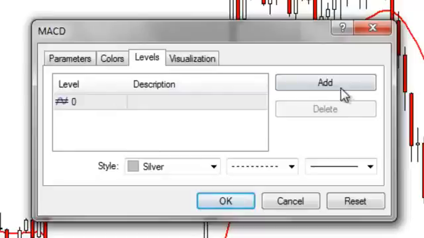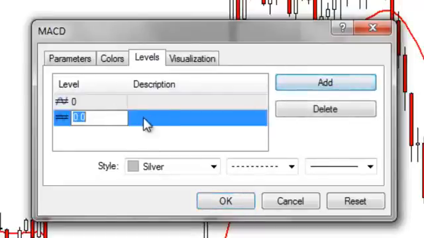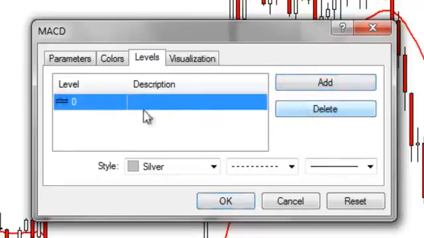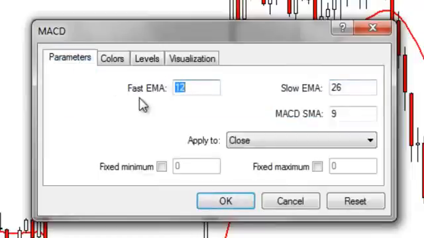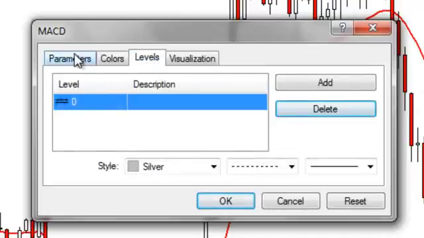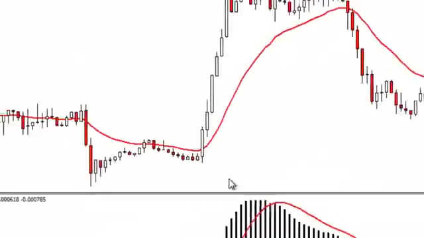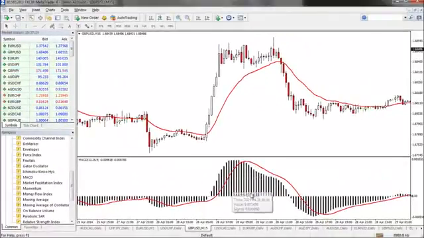If you don't have it, just click on add and add the default 0 level here. Okay, so again the settings are the default settings, which are fast EMA is 12, slow EMA is 26, MACD SMA is 9. Apply to close and have a default level of 0. Click OK. Okay, so now the MACD indicator is also placed on the chart.